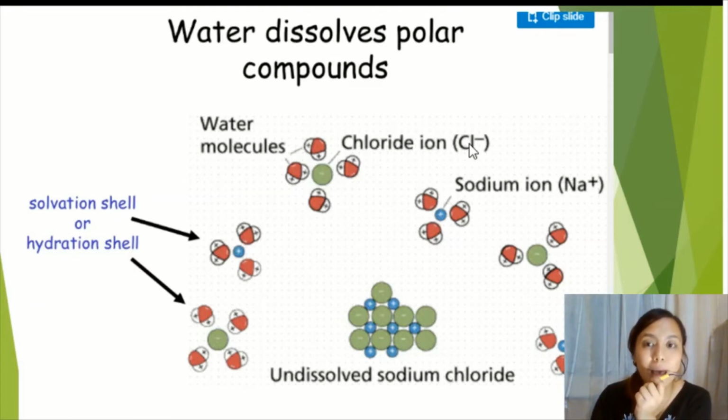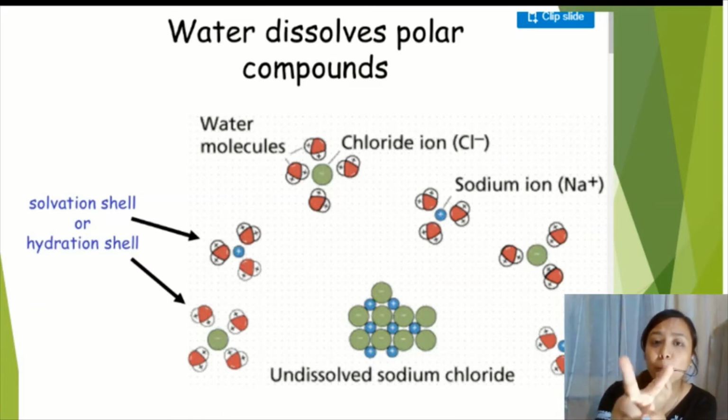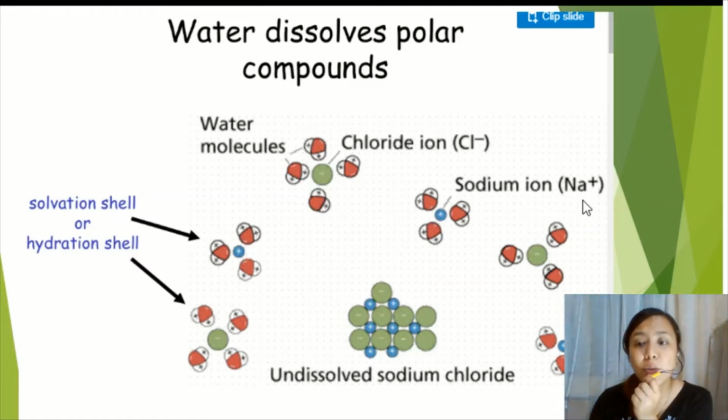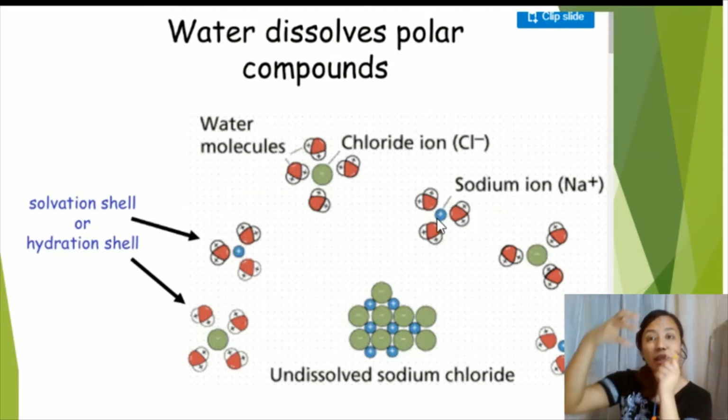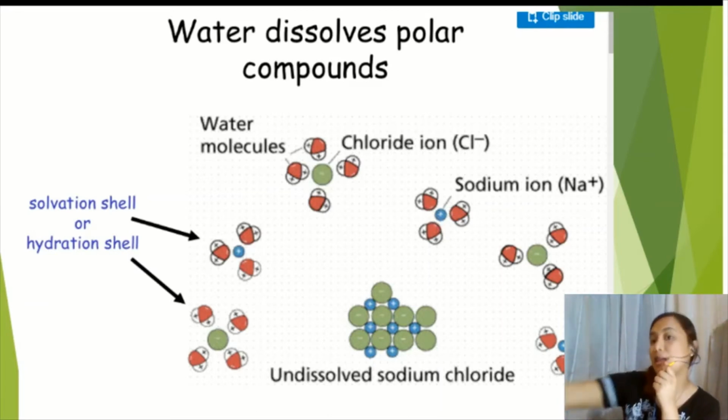So now, what happens? I've told you that water has two poles, the positive one and the negative one. So since your sodium is positive, your water will put its negative part, which is your oxygen, and it encloses your sodium so that it will be enclosed in a solvation shell, and then it will readily dissolve in the solution.